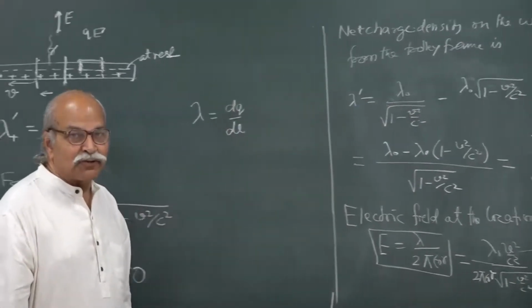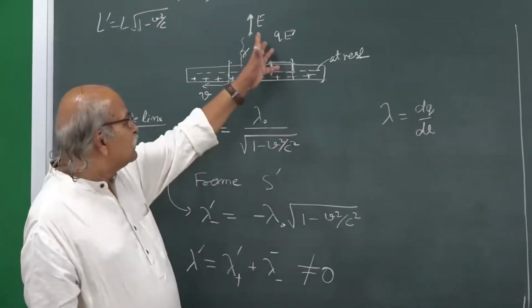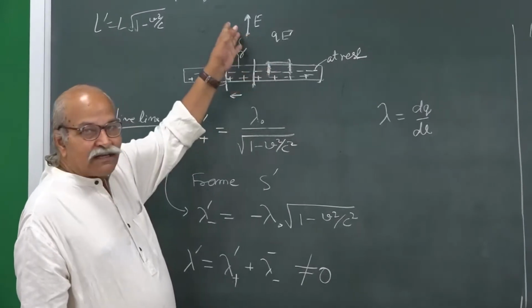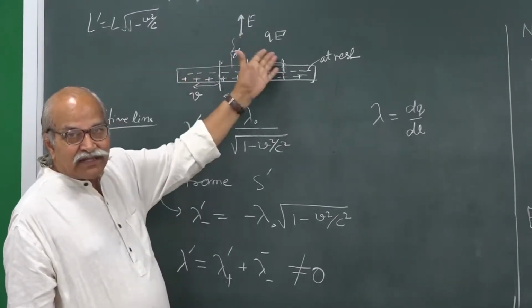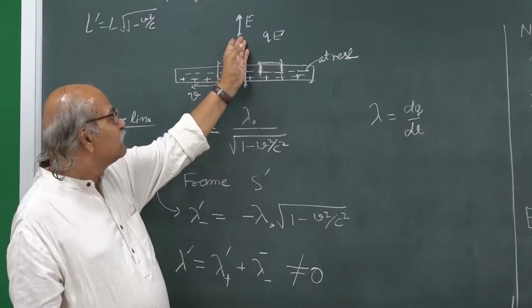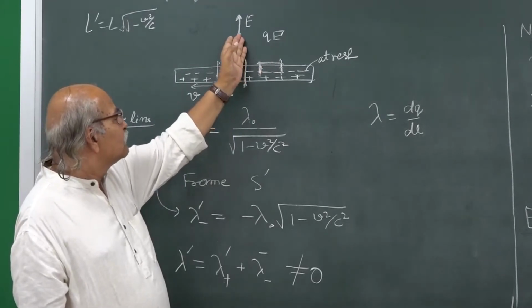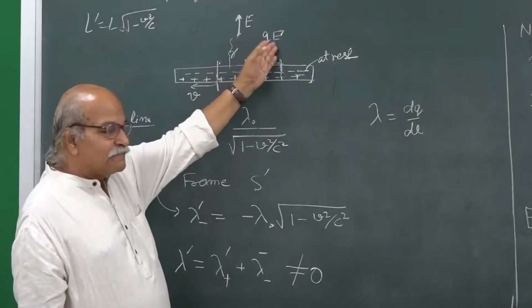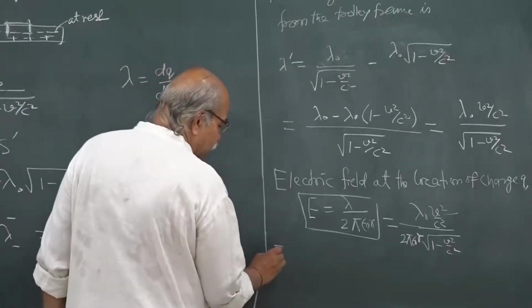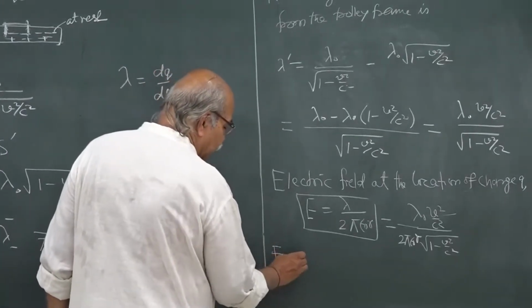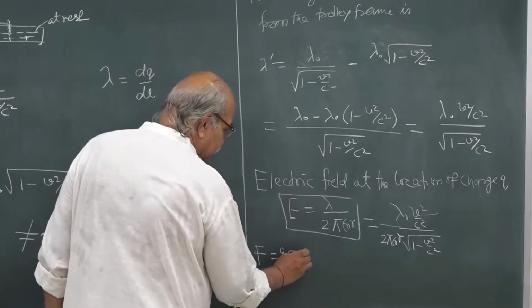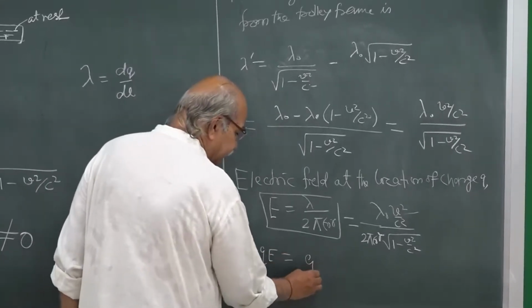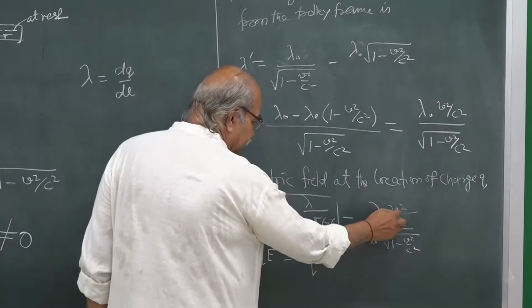And how much is the force in this trolley frame? Charge is at rest, you have a positive charge density which is creating an electric field. So, the force is q times E, and that will be equal to q here, and let us bring one v here.